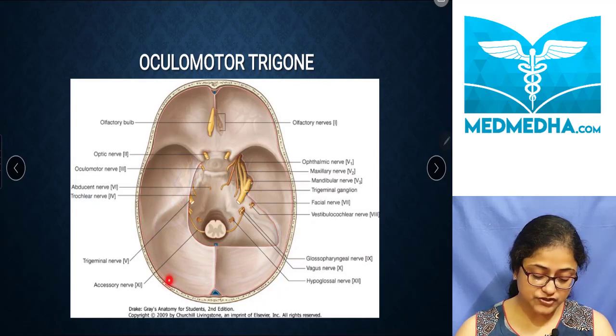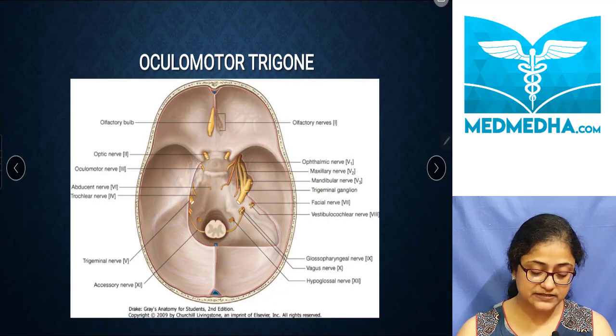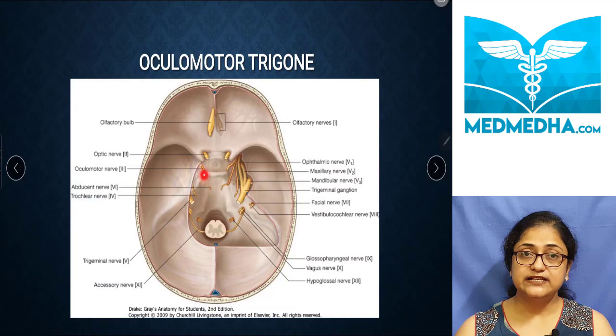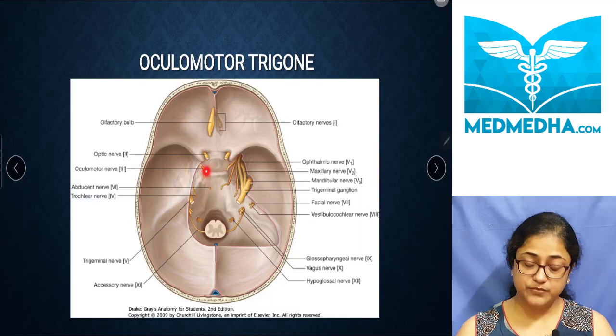This outer margin is attached along the occipital bone posteriorly, and the petrous part of the temporal bone on the lateral aspect, and it extends anteriorly up to this elevation here, which is the dorsum sellae, the lateral aspect of the dorsum sellae. There is presence of a process which is known as the posterior clinoid process.